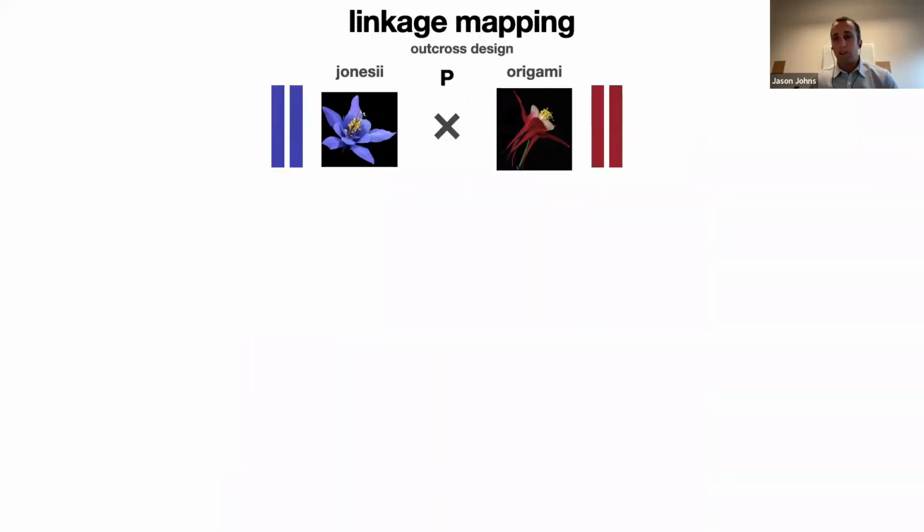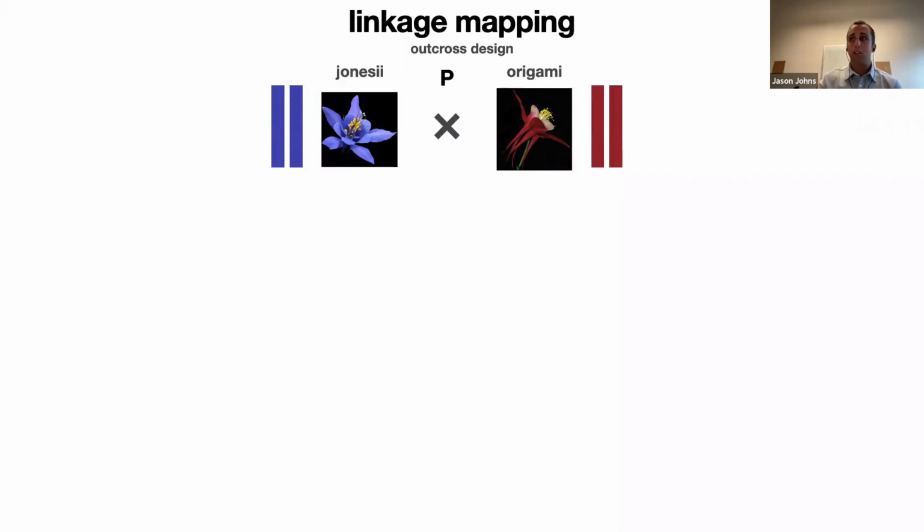So I want to do just a quick review of the principles of linkage mapping here, just because it's so central to the rest of the talk. So let's just say, for the case of visual simplicity, that we're interested in the genetic basis of flower color, which of course we are in our lab, but not what we're talking about today.